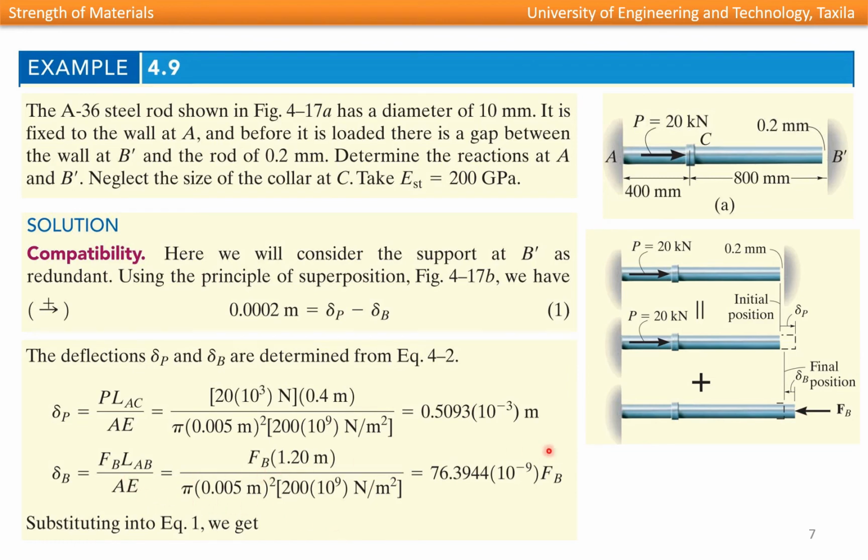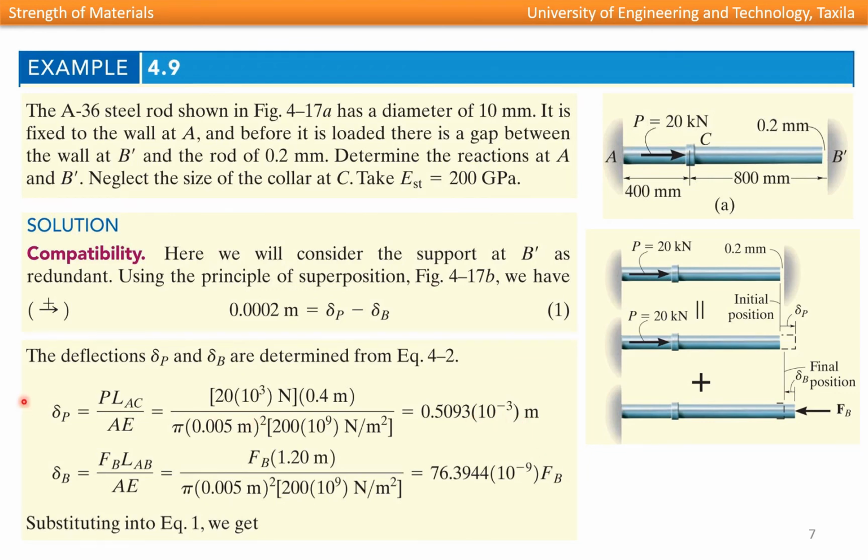Here the length is 800 millimeter plus 400 millimeter, so in total it is 1.2 meter. If we solve it, delta P comes to be 0.5093 times 10 raised to power minus 3 meter, and delta B is 76.3944 times 10 raised to power minus 9 FB.